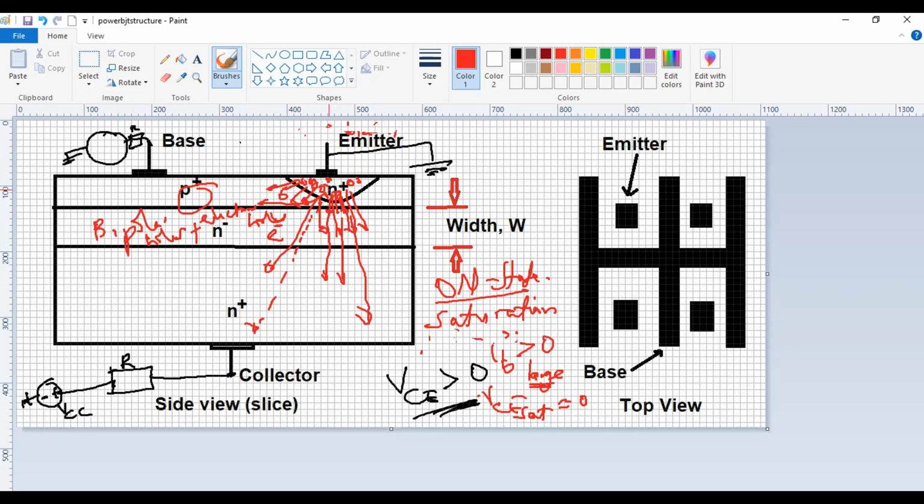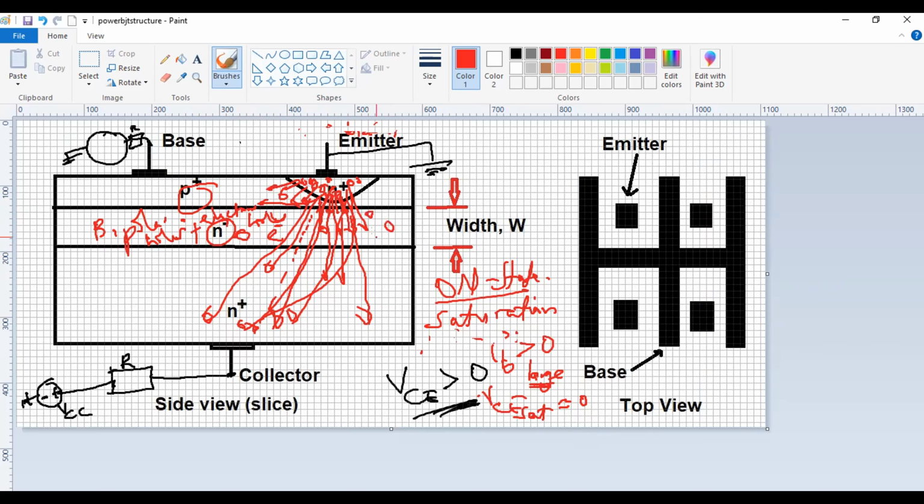But mainly what is happening is that these electrons are flowing down this way, from the emitter down into the collector. If this is in saturation, then I've got very many. The resistance in the lightly doped region has been reduced significantly by the presence of holes and also the presence of these other electrons.